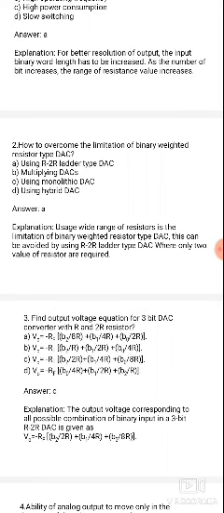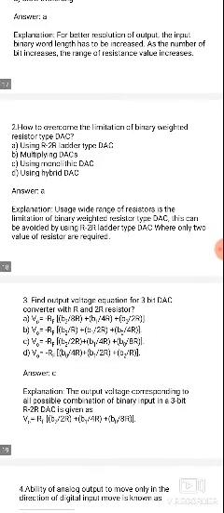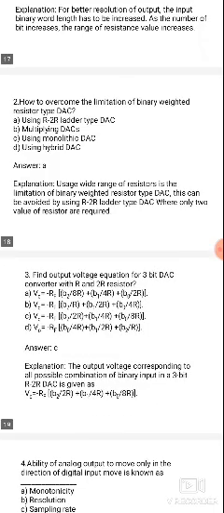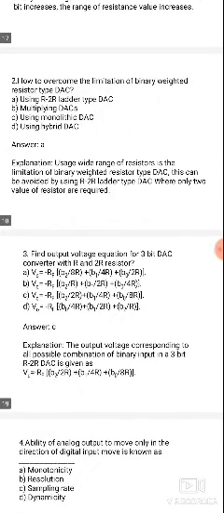Next, the second question: how to overcome the limitations of the binary weighted resistor type digital to analog converter? We overcome the limitations by using an R-2R ladder DAC, multiplying DACs, a monolithic DAC or a hybrid DAC.